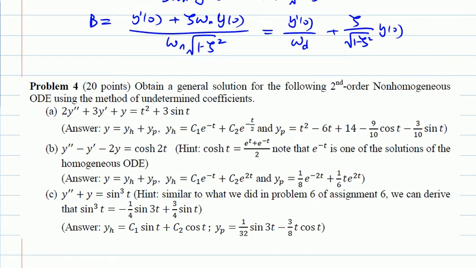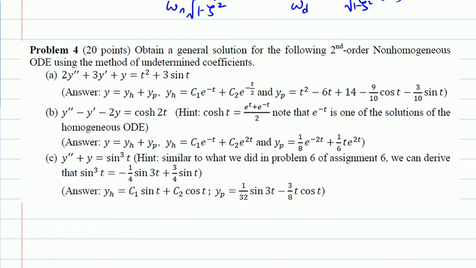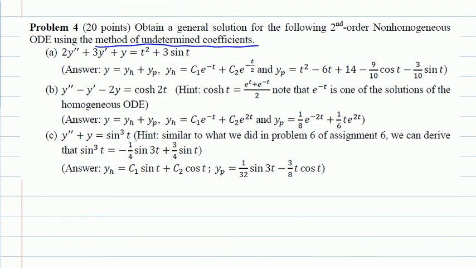Now this is a question on solving a non-homogeneous second-order differential equation using the method of undetermined coefficients. Don't use anything else but the method of undetermined coefficients. As we mentioned in class, you need to make sure the modification rule is applied properly. See the first question here, the forcing function is t squared plus 3 sine t.